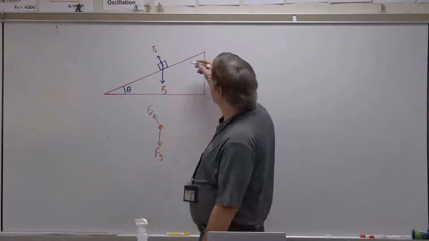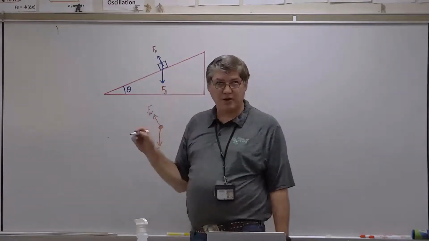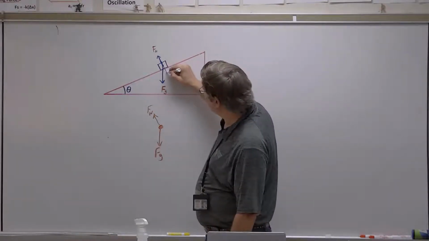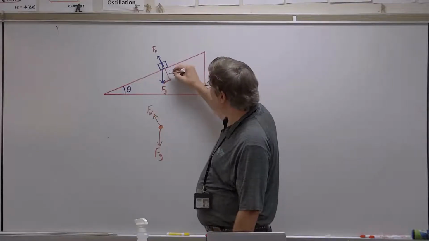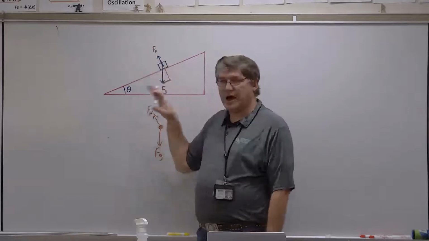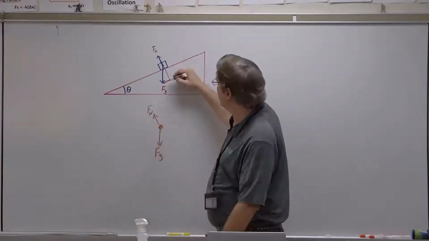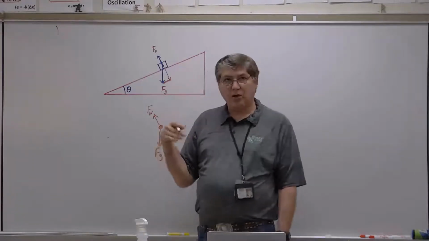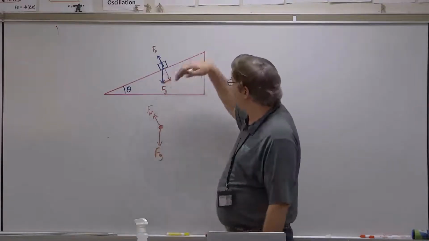So what we're going to do is treat this force of gravity as the hypotenuse of a right triangle, and the right triangle has two legs or two sides on it. The first side here, opposite to the normal force, is perpendicular or normal to the plane of the ramp.